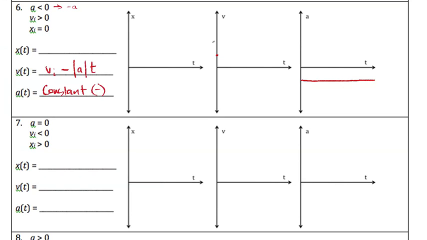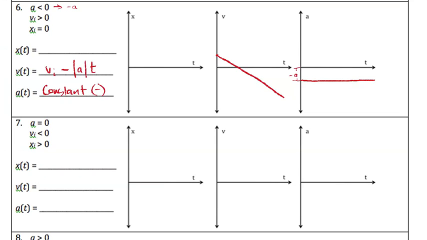And what does it look like? Well, we've got this a right here, this negative a. The value of that is the slope of the line on the previous graph. So it's going to be sloping down just like that. That is, this negative slope here is the same thing as this negative value.